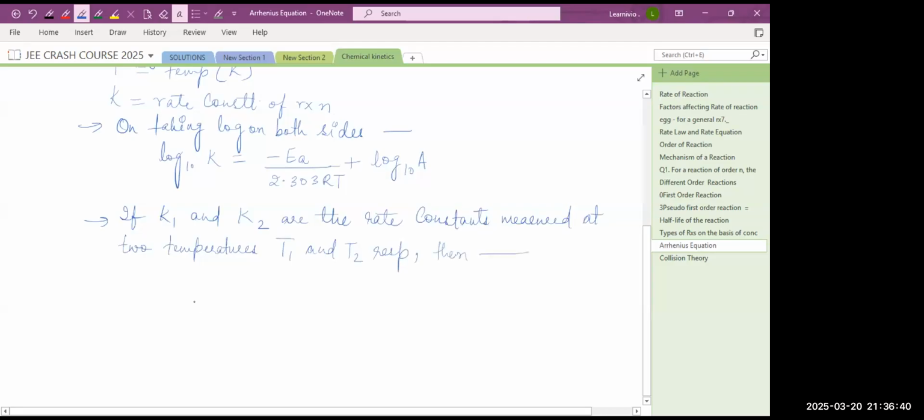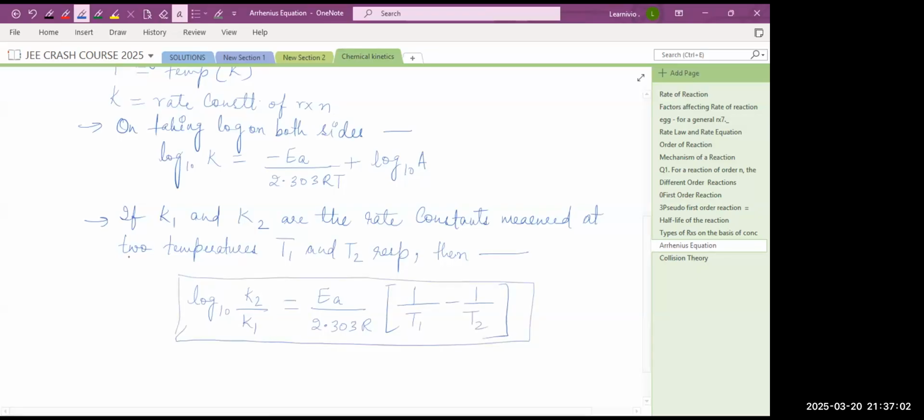It will be log k2 upon k1 equals Ea upon 2.303 R into 1 upon T1 minus 1 upon T2. You will get this formula. Mark it important.